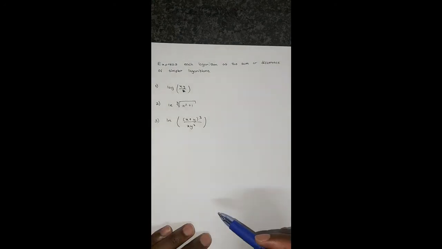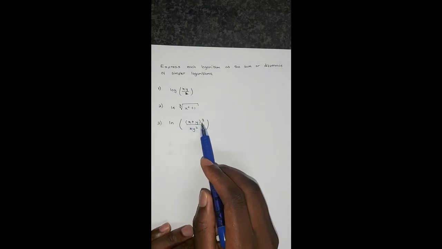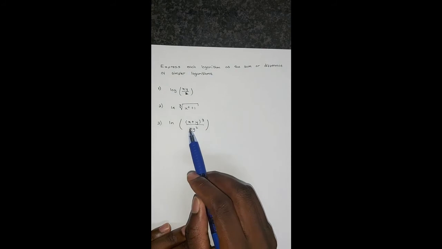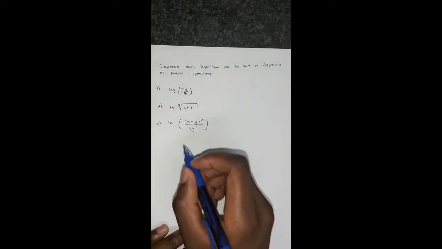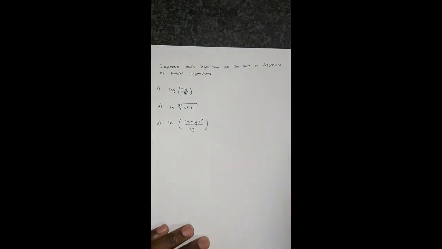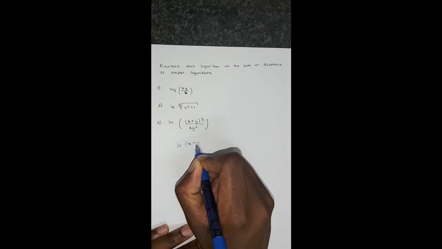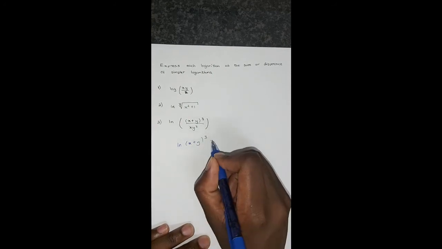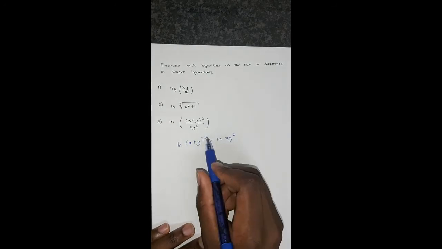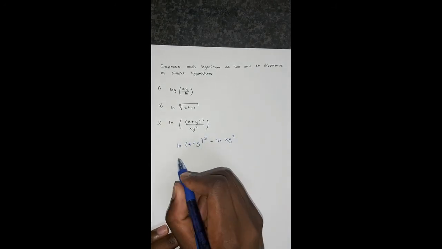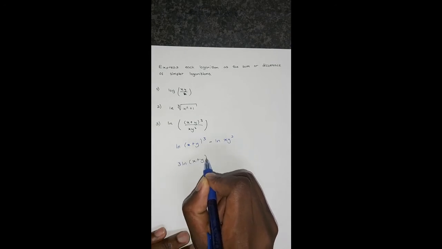Okay, and lastly we have ln of (x plus y) to the power of 3 over xy squared. With this one you can separate it into two parts already. So that's ln (x plus y) cubed, then minus ln xy squared. Then you can drop down the 3, so you're going to have 3 ln (x plus y).